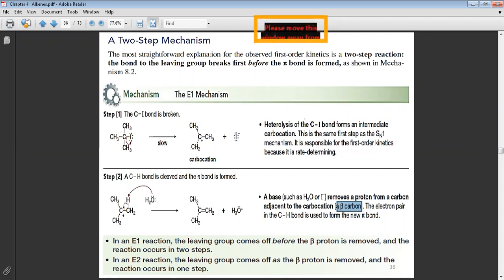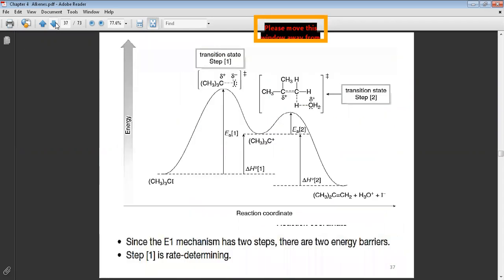Also, I said before that it is not so difficult, an easy mechanism. Look here, we have this starting material. Look, this is transition step 1. The halogen, the leaving group, goes out and gives you this carbocation.